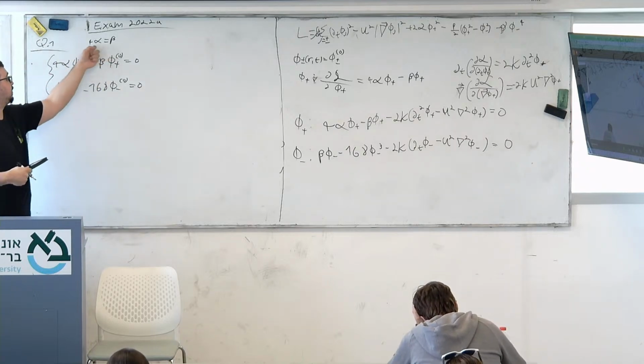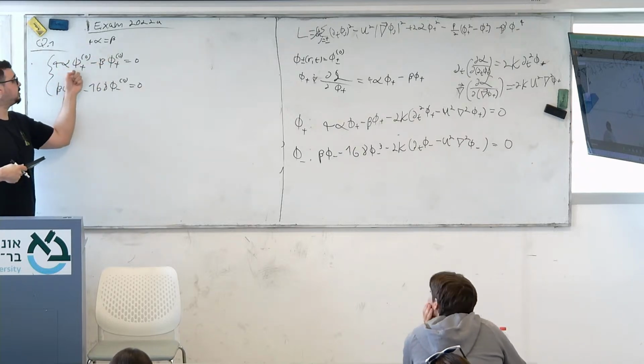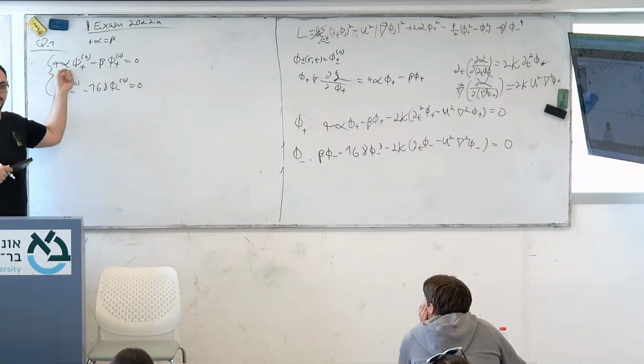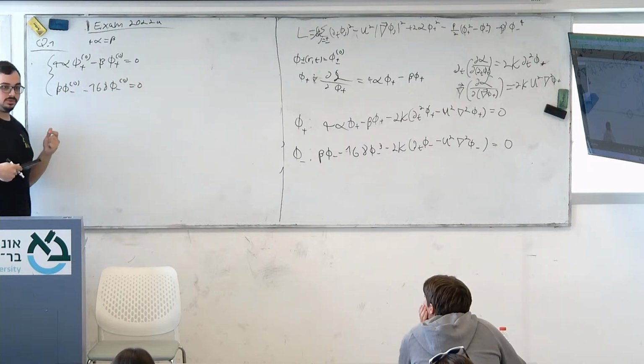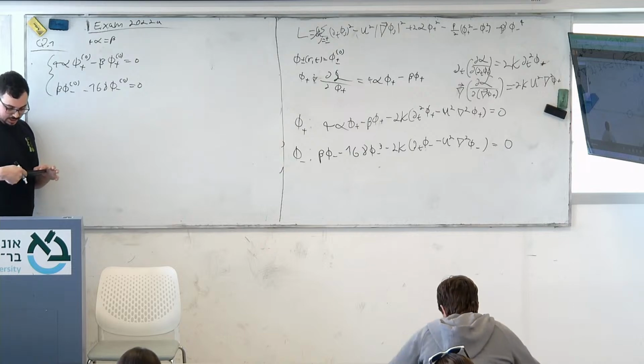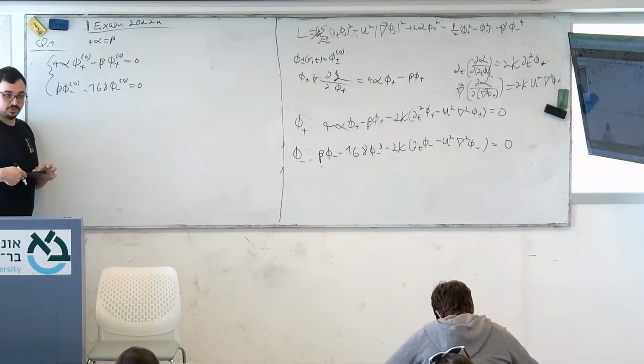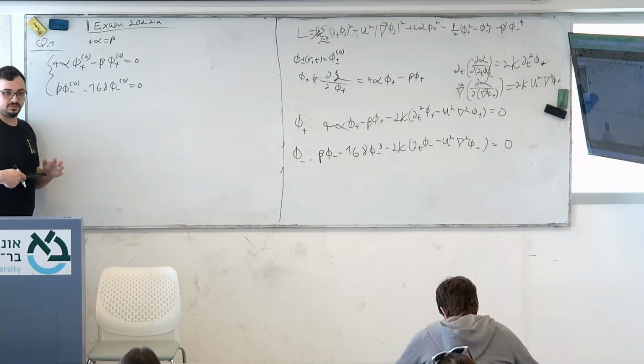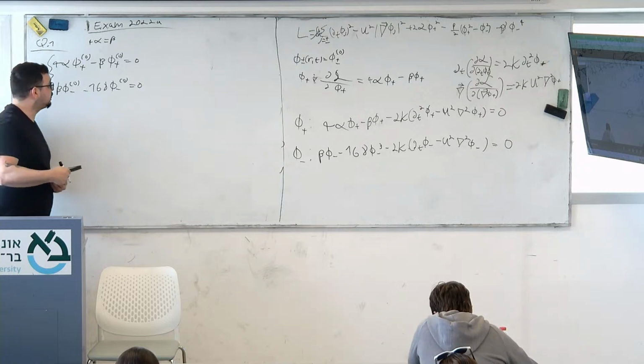If beta is not equal to 4 alpha, the only way the first equation will zero out will be if phi plus 0 will be equal to 0, which is a trivial constant solution. She didn't specifically say non-trivial, but when she says uniform solution, she means not trivial. She just didn't write it, and we should watch for it.